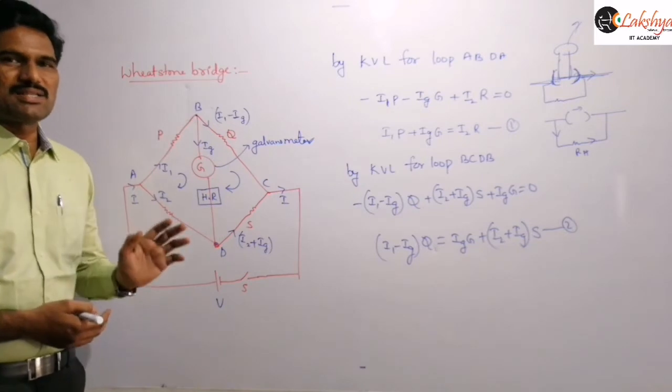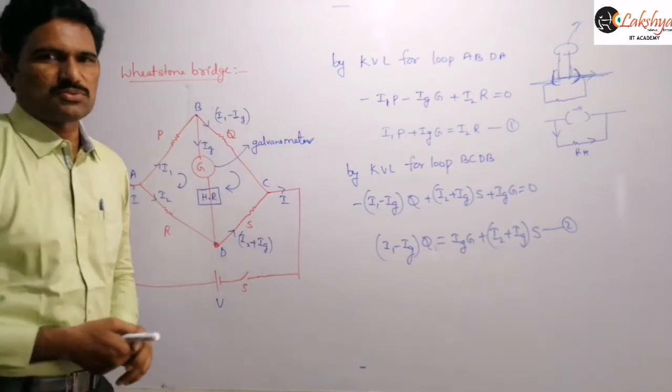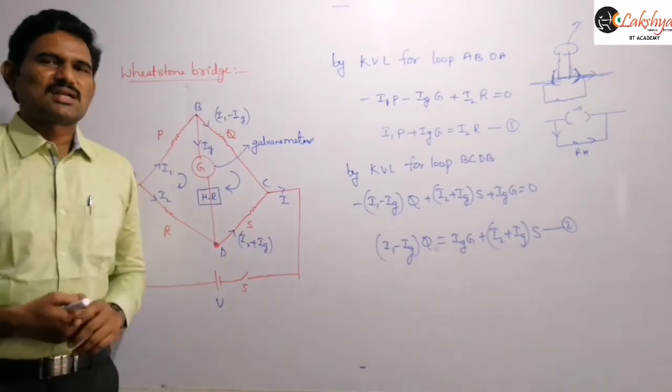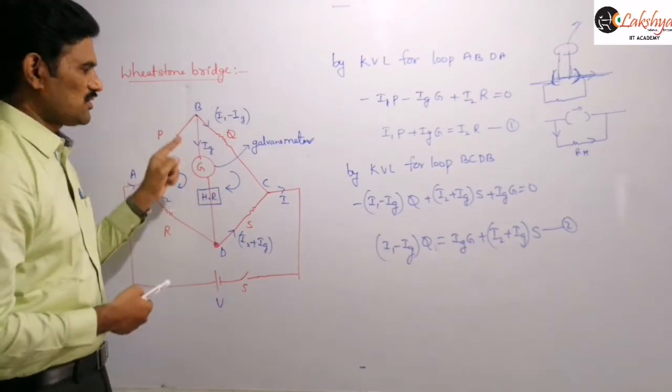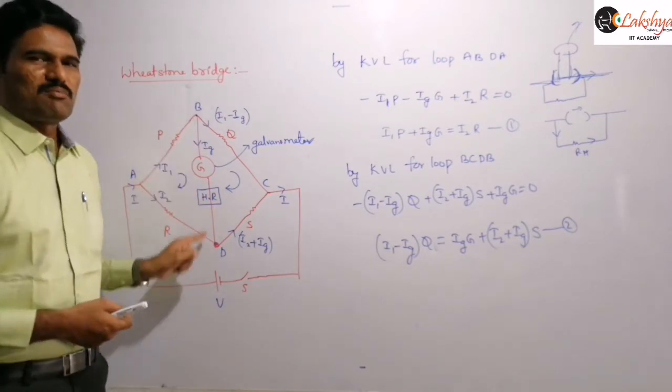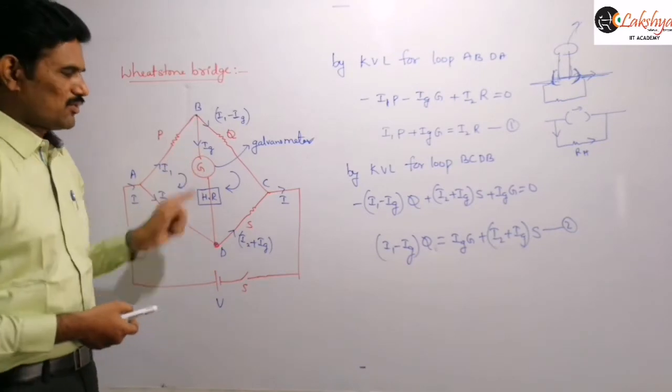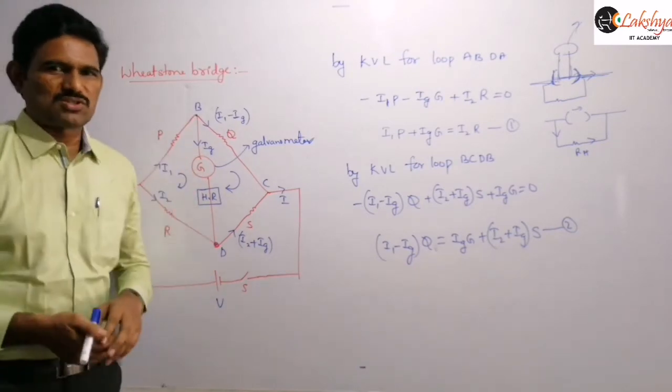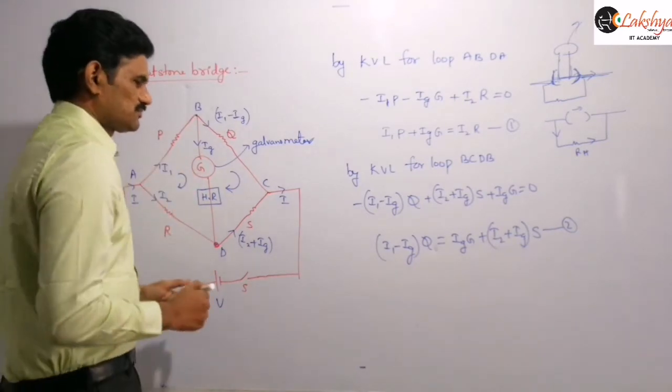So that is the balancing condition of the Wheatstone bridge. Remember that. Balancing condition of the Wheatstone bridge means no current will flow through the galvanometer, because points B and D will be at the same potential. So mention that.